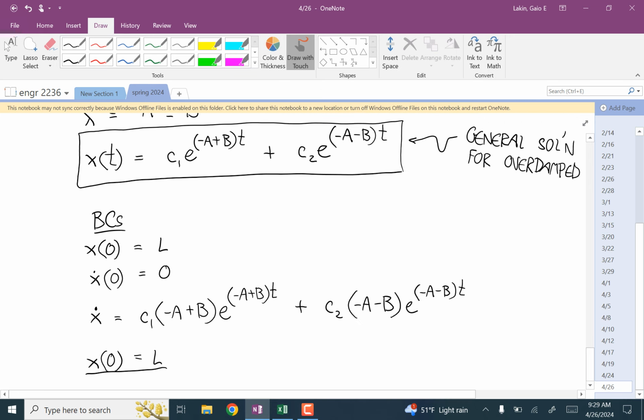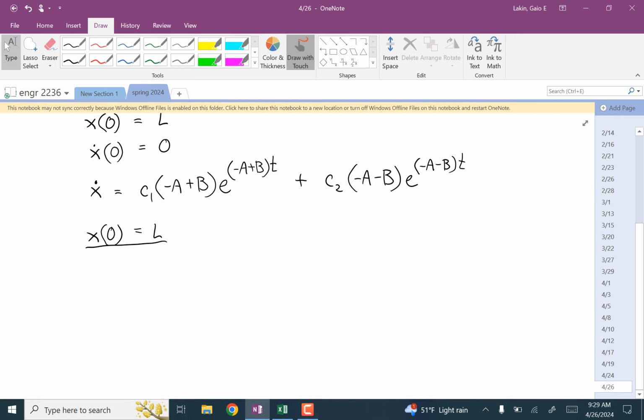So what does this become? C1 times e to the 0 plus C2 times e to the 0 is equal to L. So C1 plus C2 is equal to L.